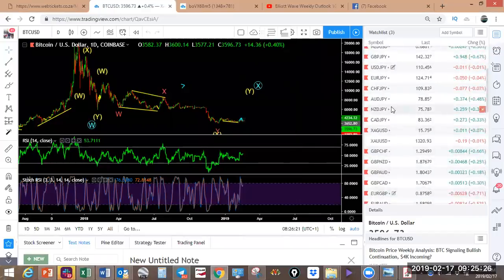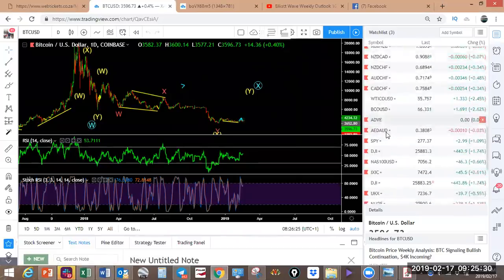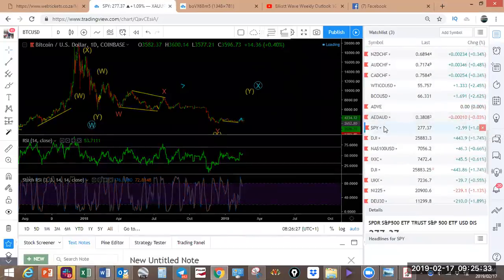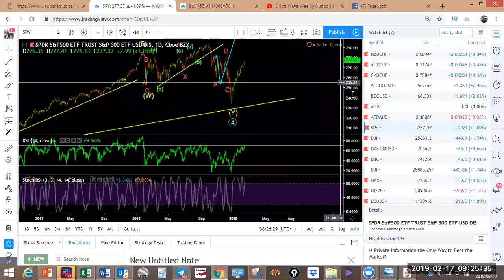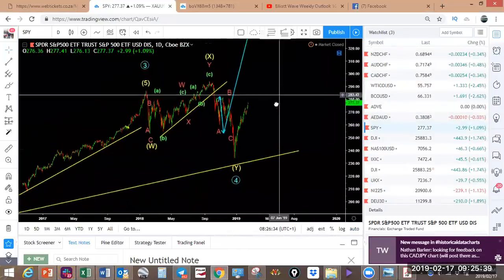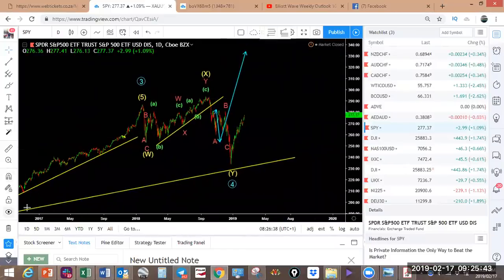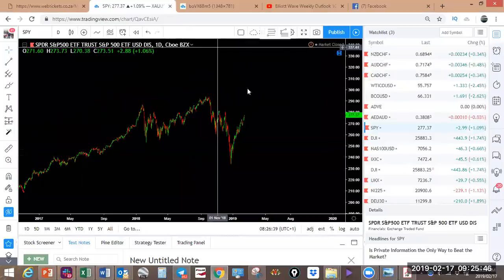S&P 500. Now I don't usually watch other Elliott wavers' analysis, but I don't know how many of them forecasted that this move was not the end. I was getting a lot of messages from people saying the market is crashing when this move was happening.